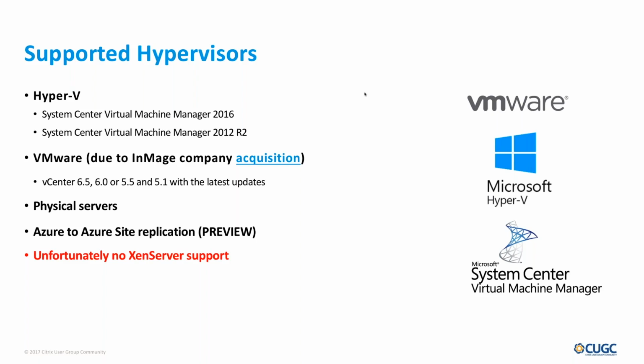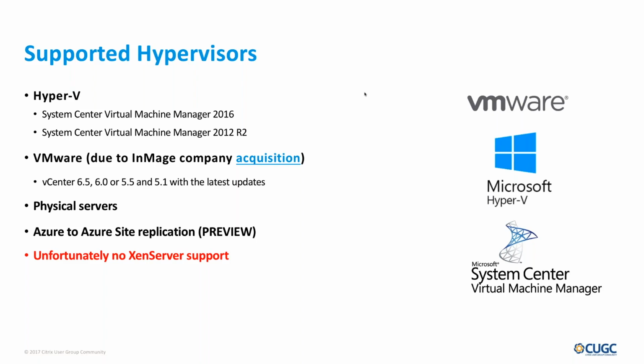And that's the result of the acquisition of the company InMage back in 2012, out of my head. That is a company that was specialized in VMware VMDK to VHD, VHDX replication and converting.